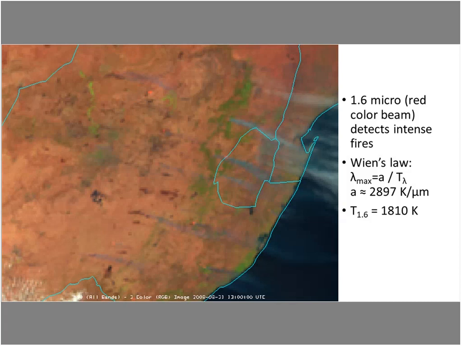So for very hot fires, you can even see them as they emit a lot of energy in the natural color RGB. This is also a very useful thing in this product.